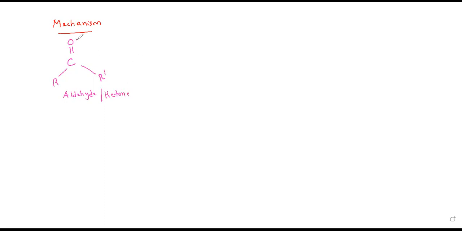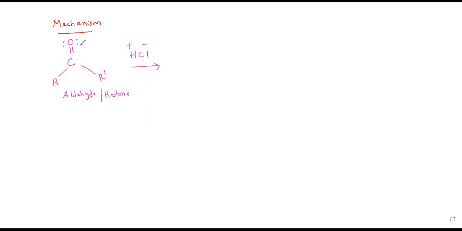And here oxygen will have 2 lone pairs of electrons. So this carbonyl compound, I'm going to react with hydrochloric acid. When hydrochloric acid dissociates, you will get H plus and Cl minus. So this oxygen will abstract this hydrogen atom by donating a lone pair of electrons. Therefore, a new bond will be formed between oxygen and hydrogen.